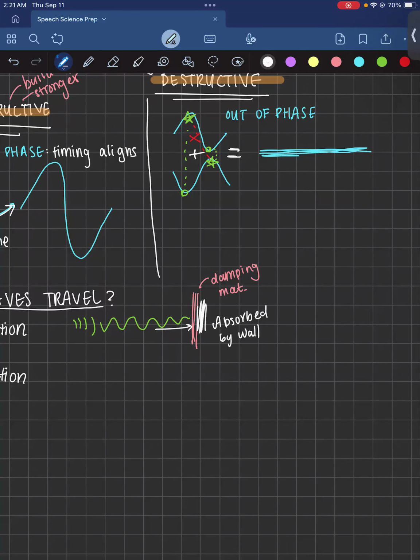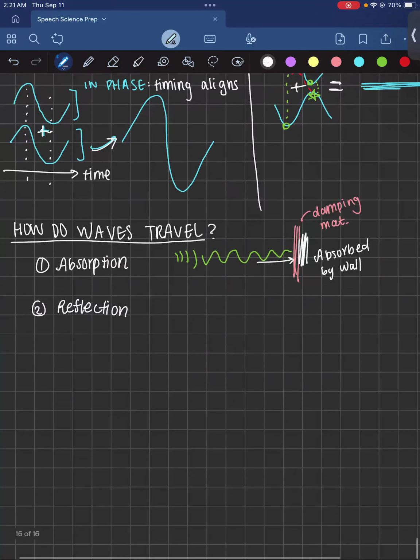So this is essentially absorption. So when sound is propagating, some of it ends up getting absorbed into the next medium or next object that it runs into. And this is the example of the movie theater that Dr. Wong was mentioning, or any sort of soundproof room. Basically, what's happening is you're putting this material that is specifically made to absorb the sound.